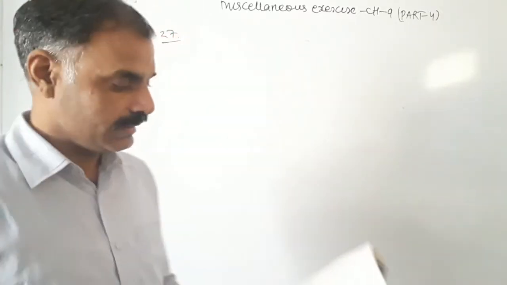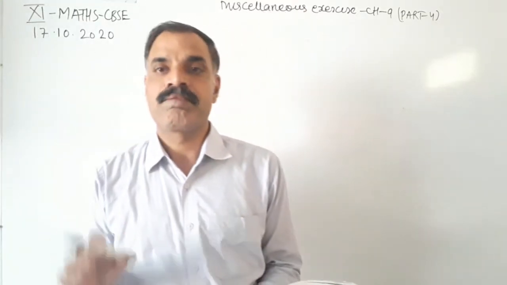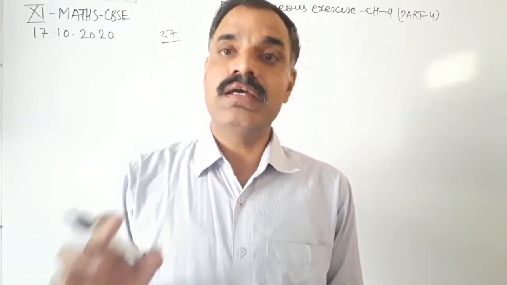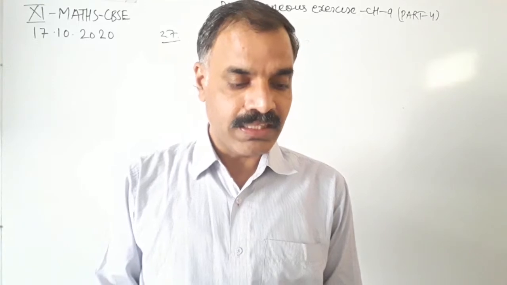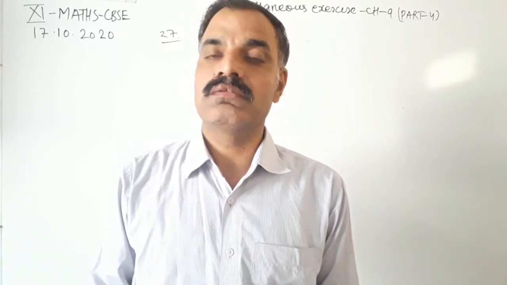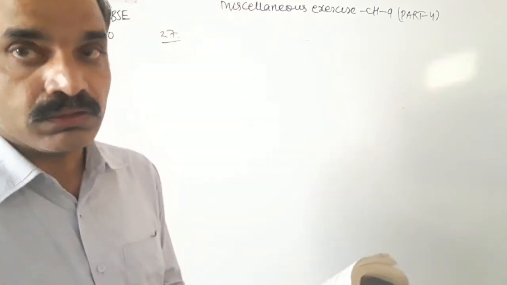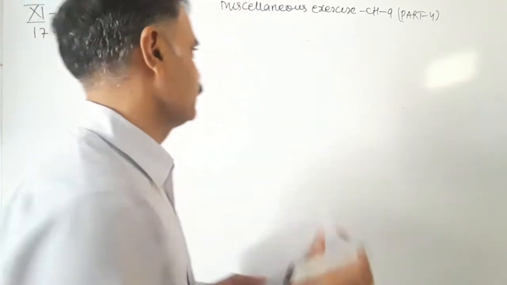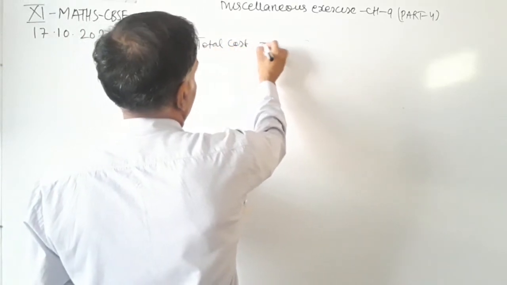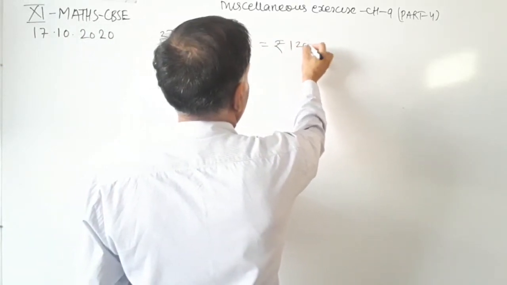I am reading the question. Listen carefully. A farmer buys a used tractor for rupees 12,000. Total cost of the tractor is rupees 12,000.